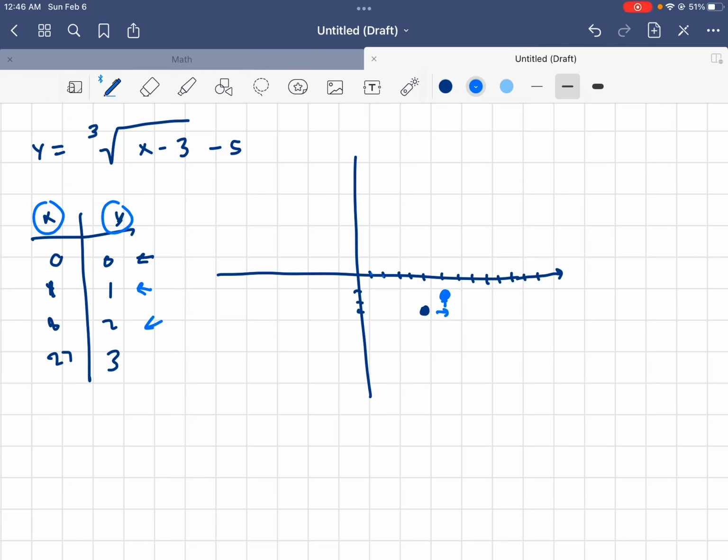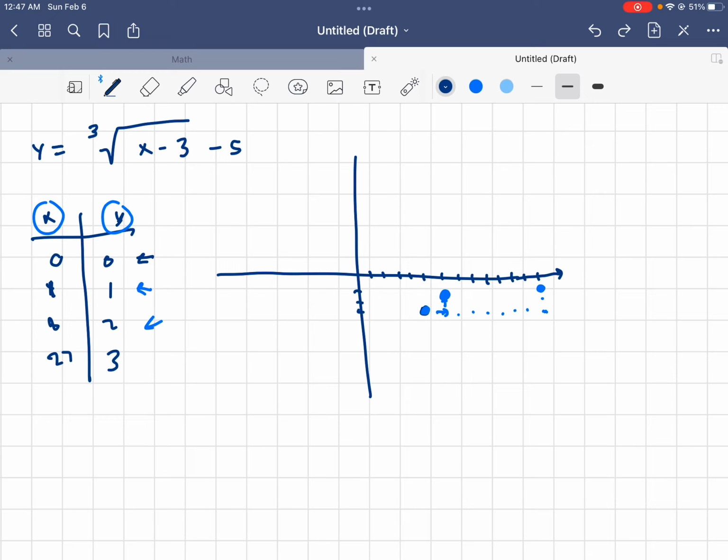So start at your new origin and you count 1, 2, 3, 4, 5, 6, 7, 8, and then you have y 2, so you go up 2, 1, 2, and you have this point. Okay, so 27, 3, yeah, so we have the right side of our graph.